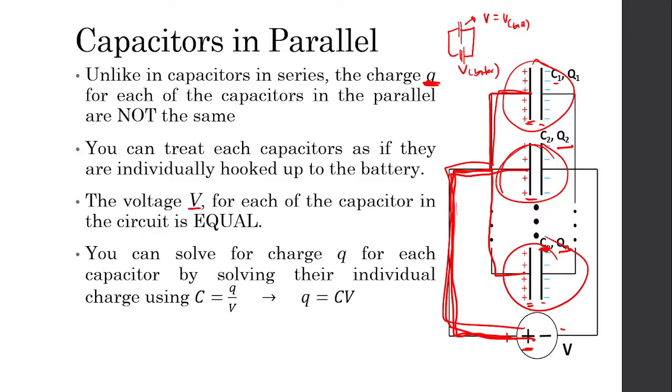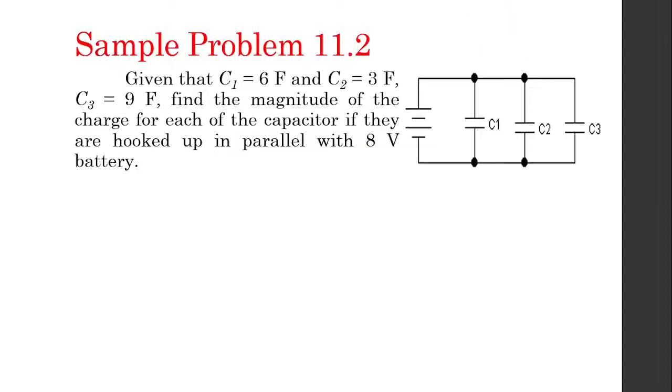And we can solve for Q of each individual capacitor using the V. So how are we going to do that? Let's look at this sample problem. Given that C1 is equal to 6 farads, C2 is equal to 3 farads, and C3 is equal to 9 farads, find the magnitude of the charge for each of the capacitors if they are hooked up in parallel with an 8 volt battery.